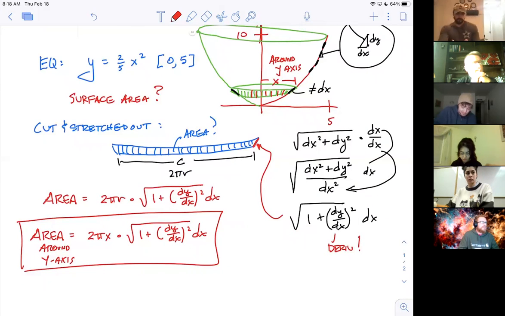This is our formula for surface area, or just area. So see how it's close to cylindrical shells? It's real similar to that. Part of that is good, because you think, oh yeah, I see that's closely related. But honestly, that's only good if you actually understood cylindrical shells.